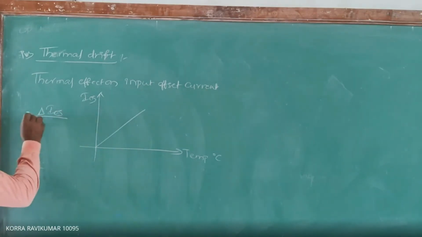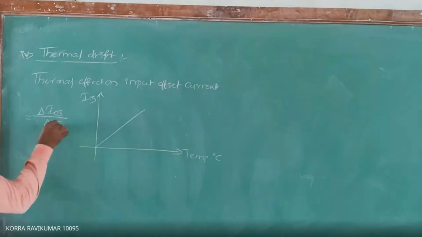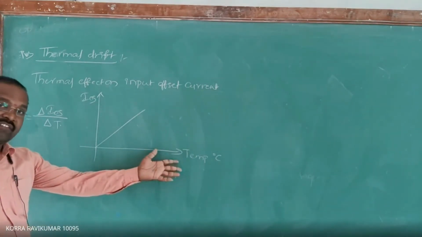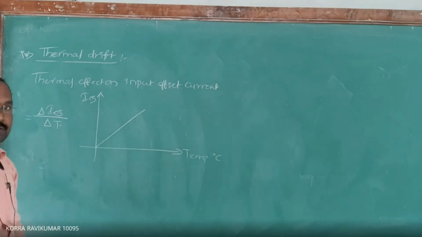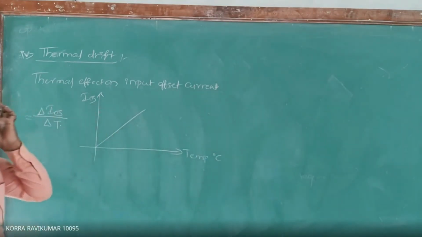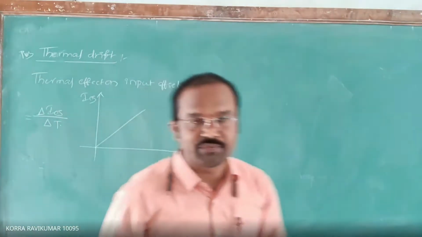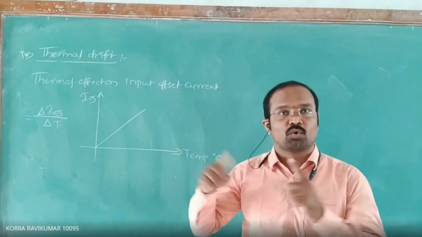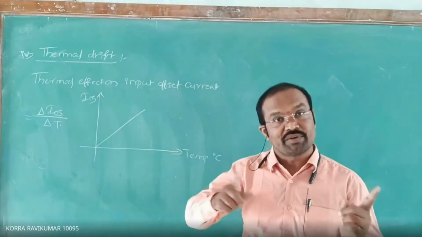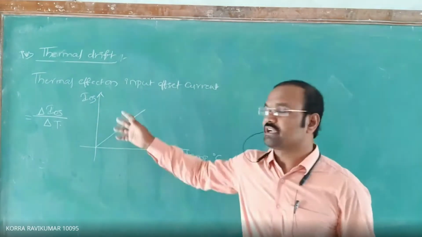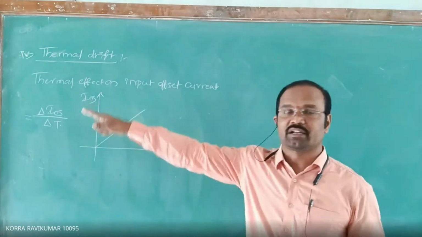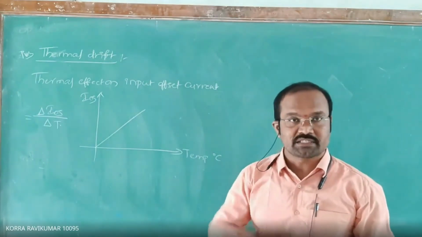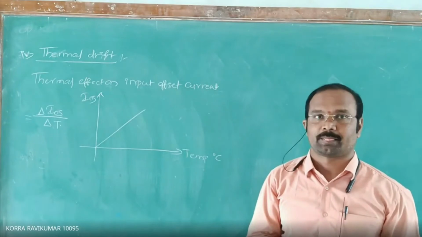So I can say that the change in temperature will affect the corresponding change in IOS linearly. If temperature increases 10 times, then this current also increases 10 times. If temperature increases 20 times, then current also increases 20 times. If temperature increases 50 times, current also increases 50 times. The 50 gets cancelled and it remains constant. This means there is a linear variation in input offset current with respect to the temperature.